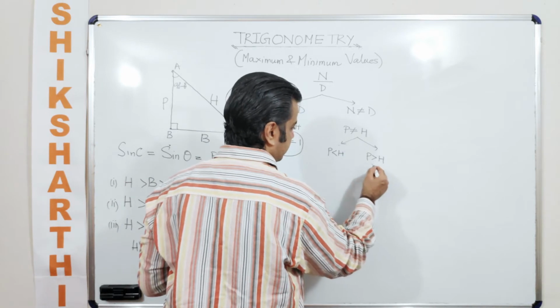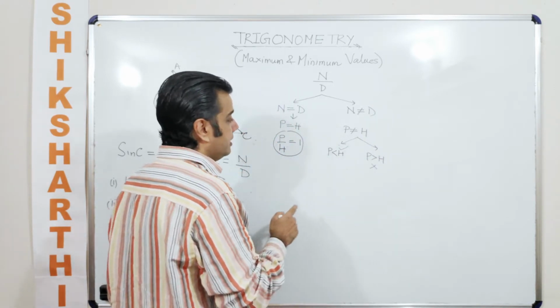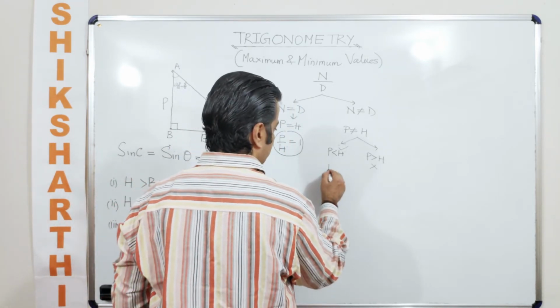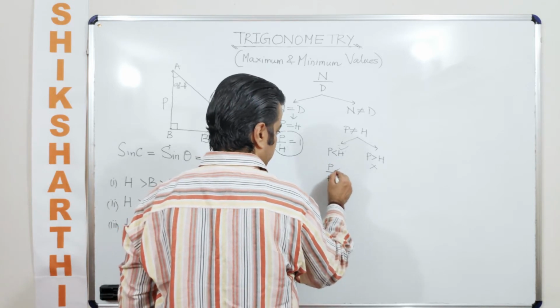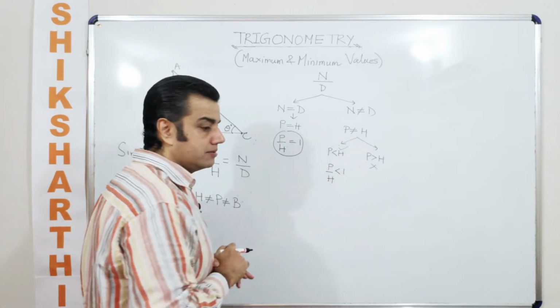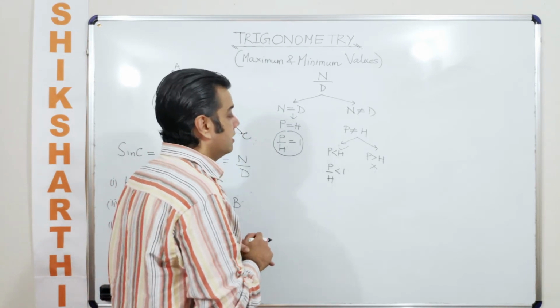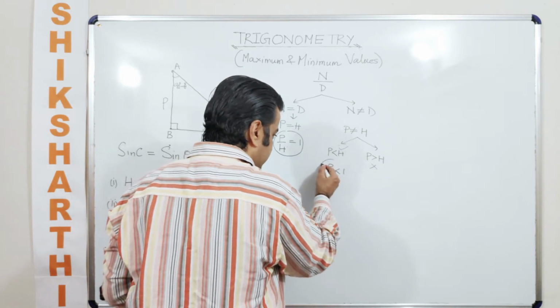So we will have to rule out this case and only consider the other case. If I am taking the ratio P by H, this will be lesser than 1.